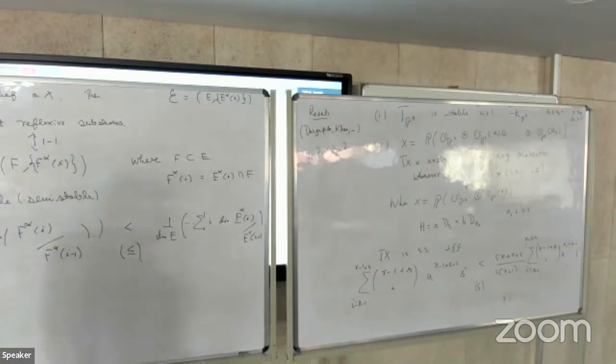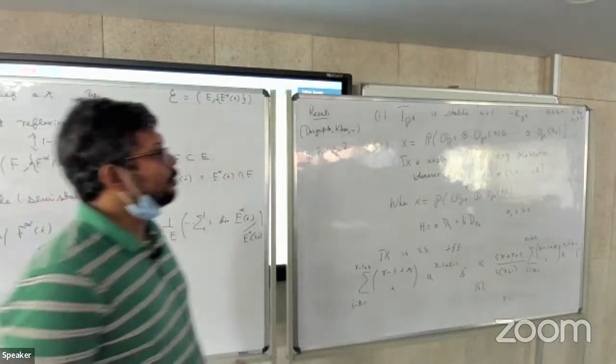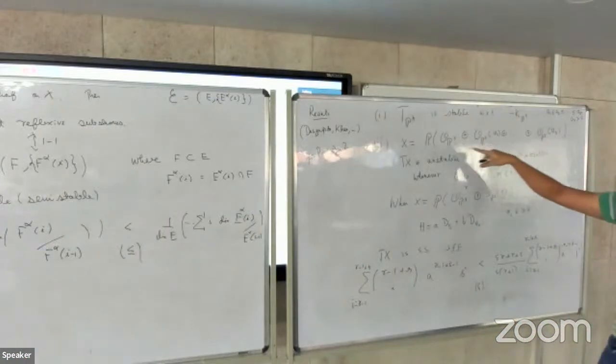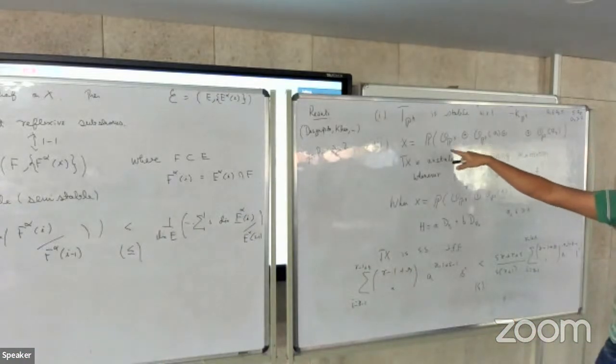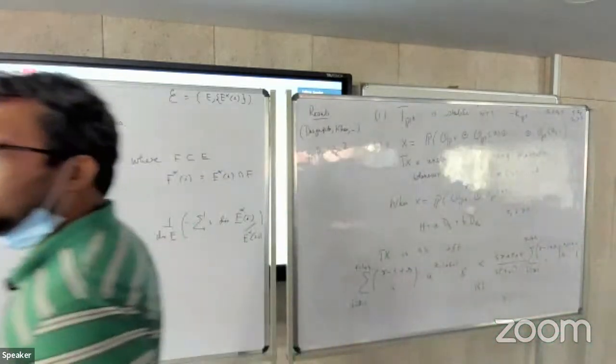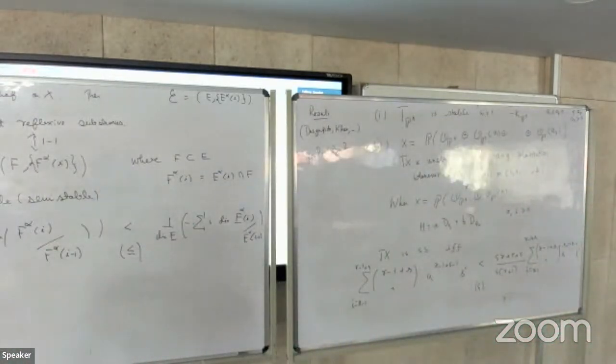As a corollary, you will have some condition on a_1 to a_r when X is Fano. If the sum of the a_i is less than s plus 1, then it is Fano. So in the case of Fano varieties, you are able to say when they are stable and semi-stable for Picard rank 2.